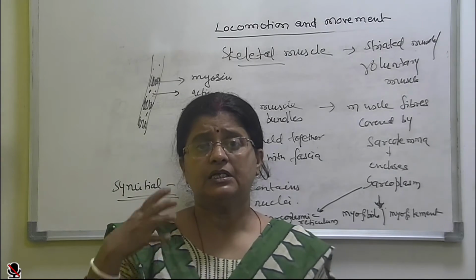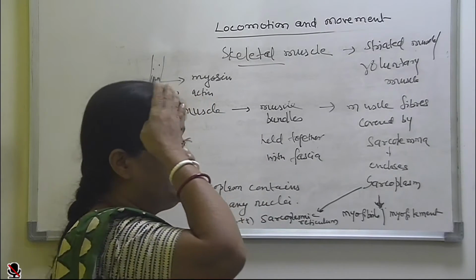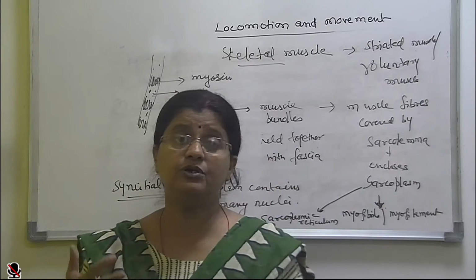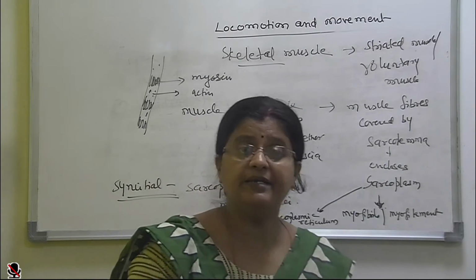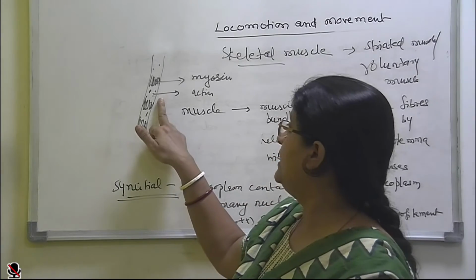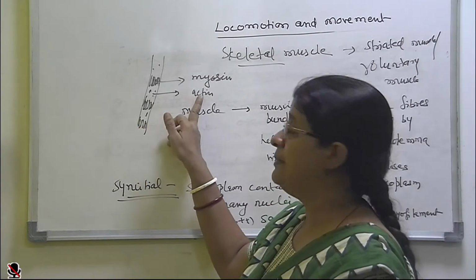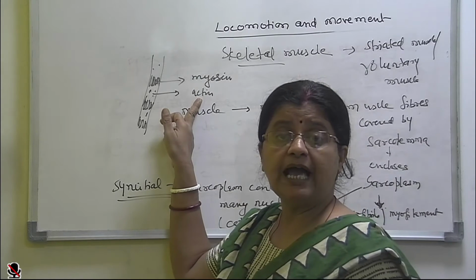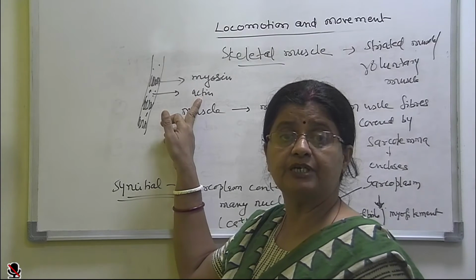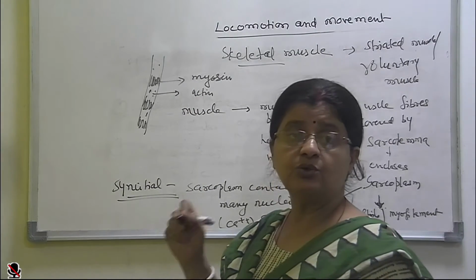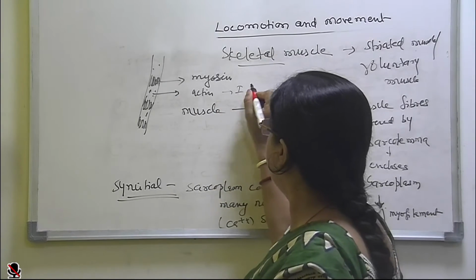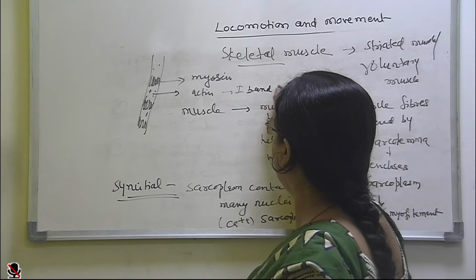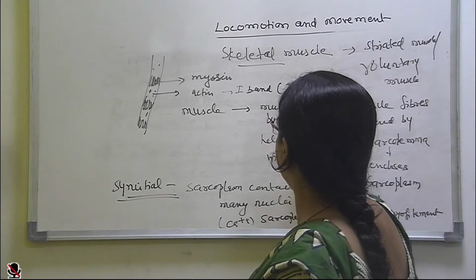Now this alternate light and dark banding is mainly due to actin and myosin. The light band, as you see here, I had drawn, is due to actin protein, and this is known as your I band, or isotropic band.